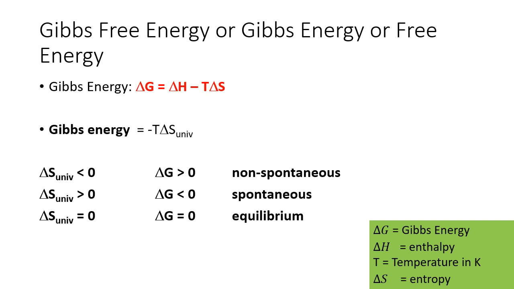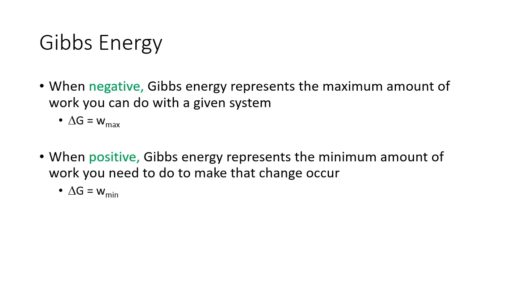So on your phase diagram, the line represents where delta G is equal to 0. We have discovered something new, and we've applied it to something old. So the reason why your book calls it the Gibbs free energy is that when the Gibbs energy is negative, it represents the maximum amount of work that you can do with that given system.